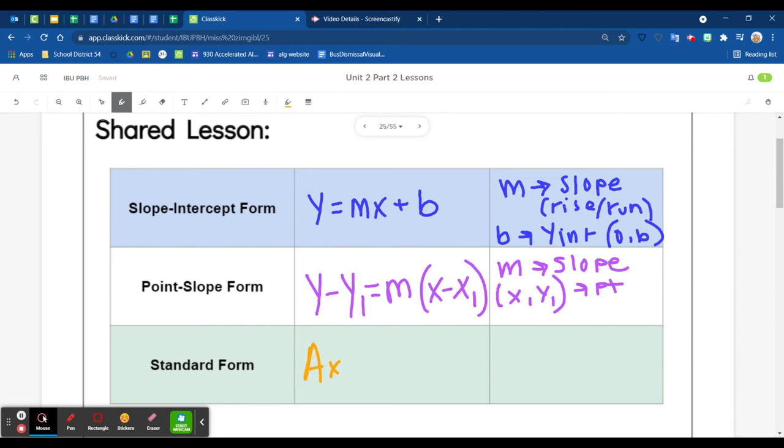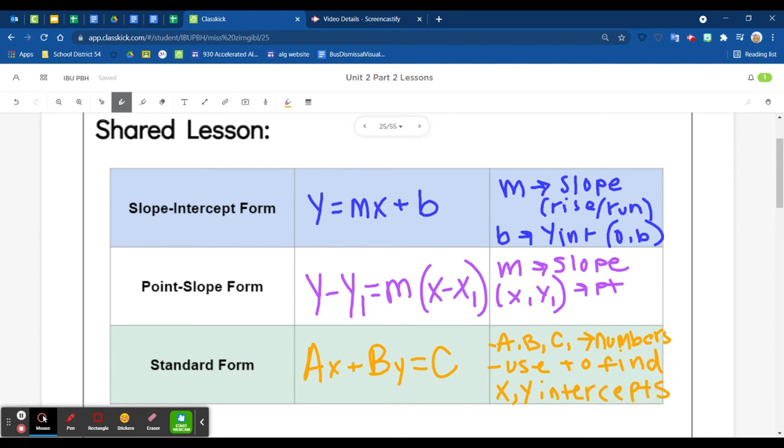We say ax plus by equals c. A, b, and c are just numbers, right? They're not anything specific. They're just different numbers. And then we use this to find the x and y intercepts. That's what it's best for.